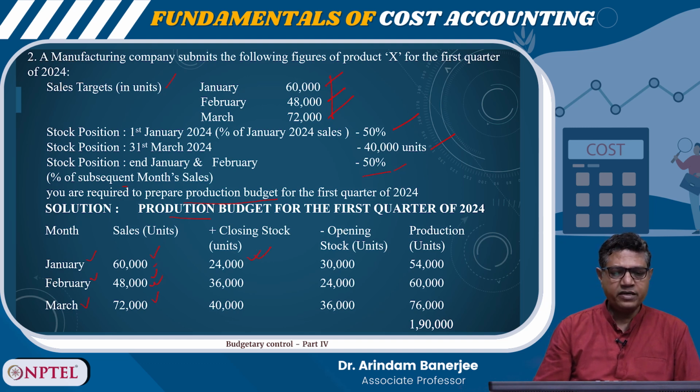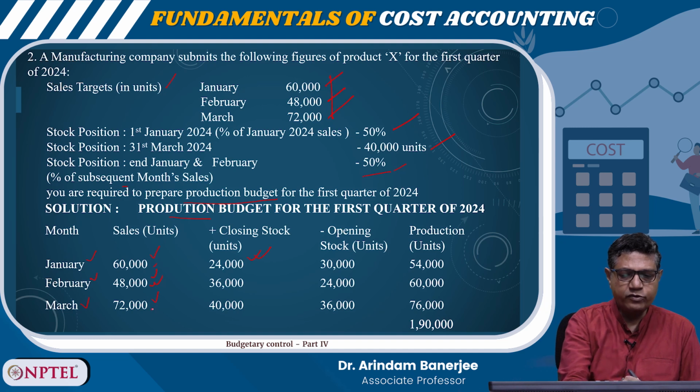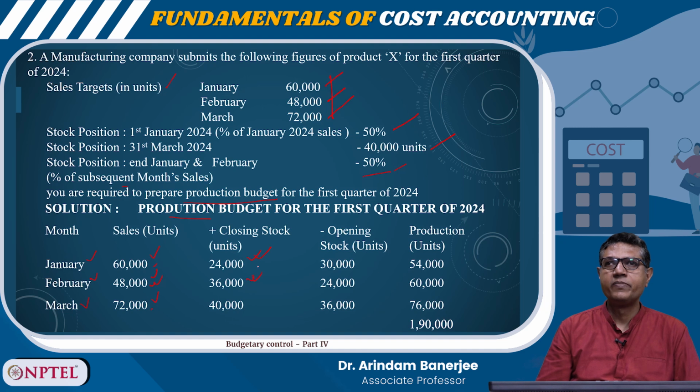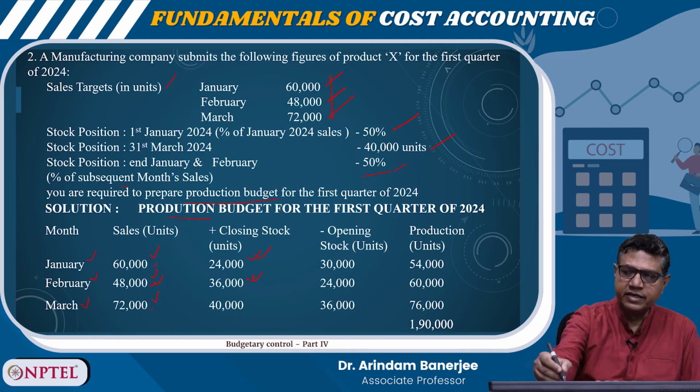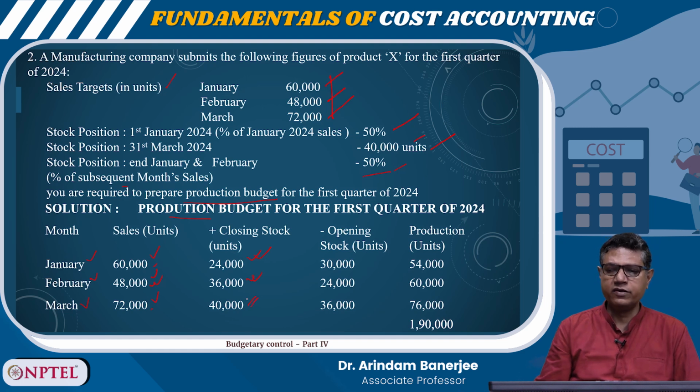For February it is 50% of 72,000, so it is 36,000. And on 31st March it is given here as 40,000. So, this is my closing stock.